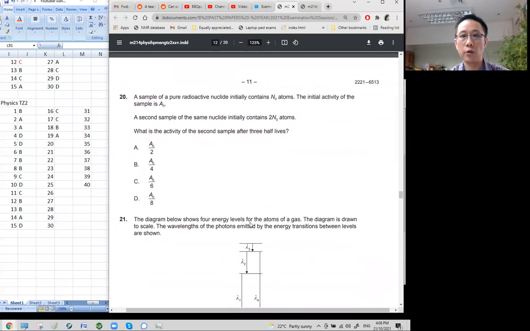Question 20, a sample of pure radioactive nuclei initially has N0 atoms, and the initial activity is A0. The second sample of the same nuclei initially contains 2N0.